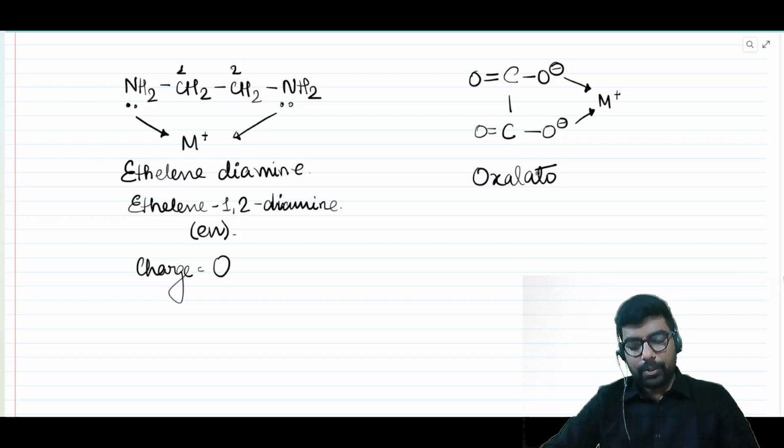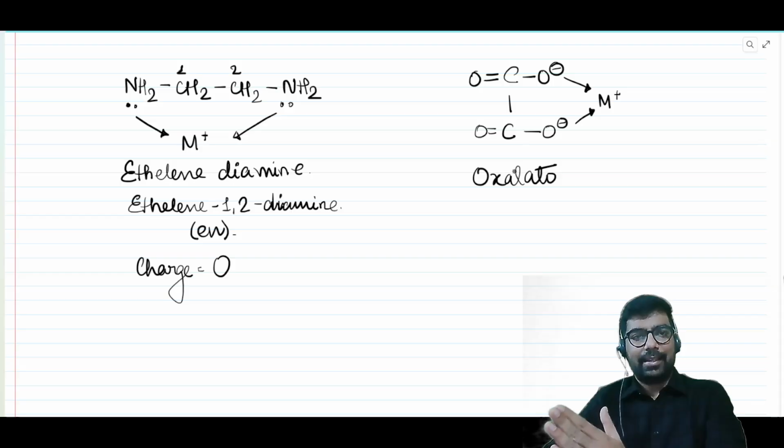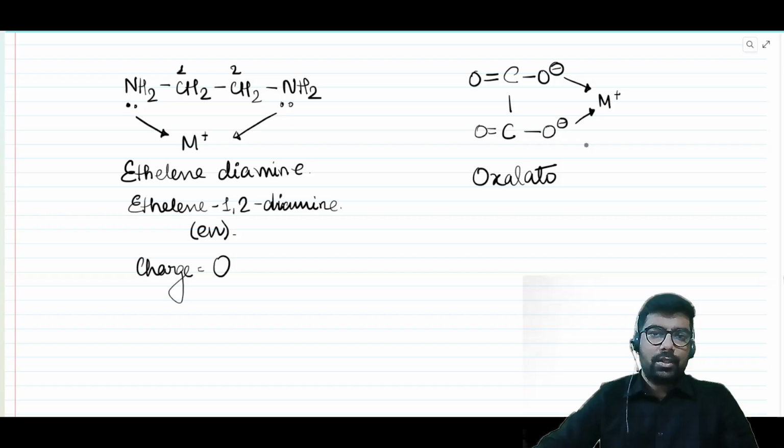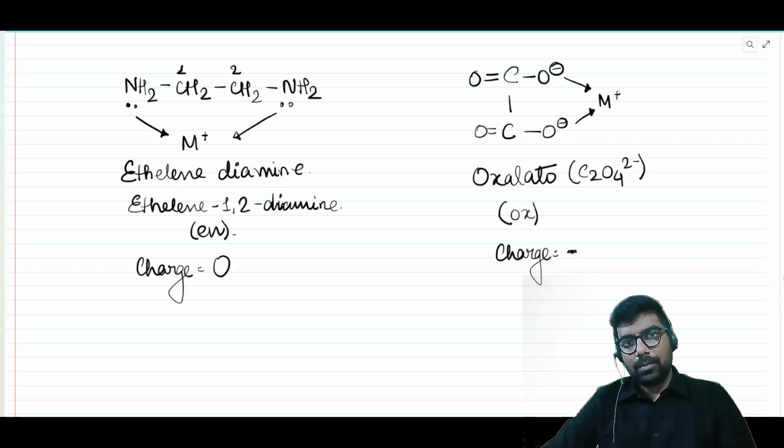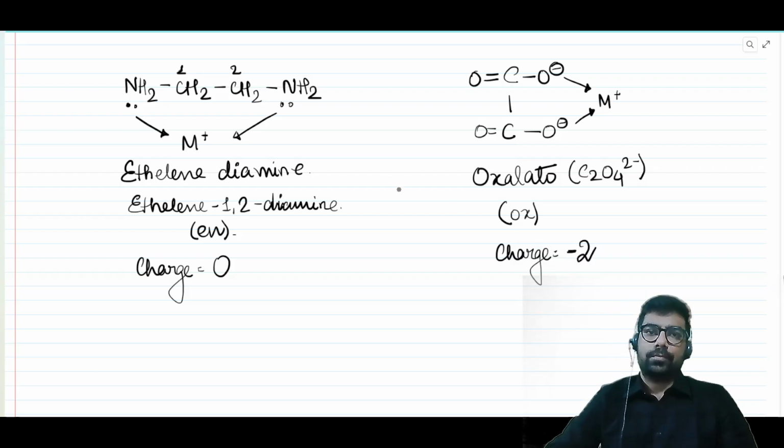Because it is anionic, O will come. In short, we write it as C2O4 2 minus, and the short form is ox. The charge it has is minus 2. This is the second bidentate ligand.